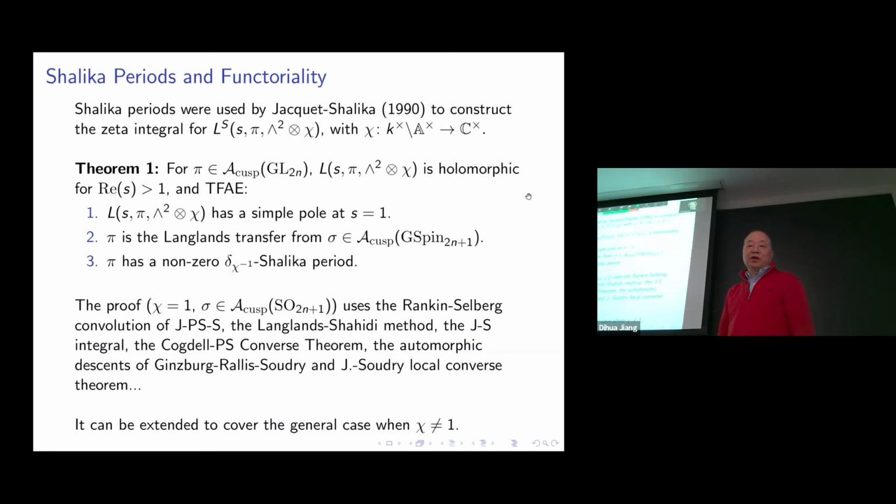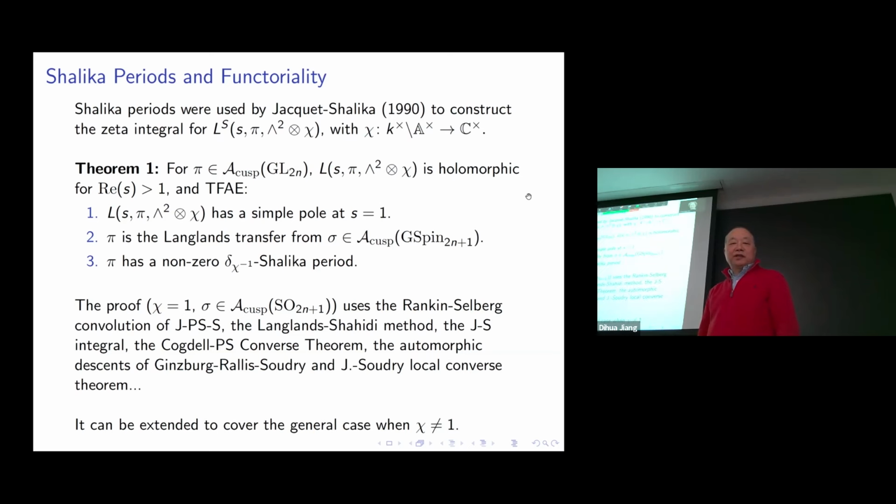But this uses almost all the previous work: originally by Jacquet, Piatetski-Shapiro and Shalika, the 1983 paper, Langlands' symplectic convolution, and then you also use the Langlands-Shahidi method to normalize the Eisenstein series involved.